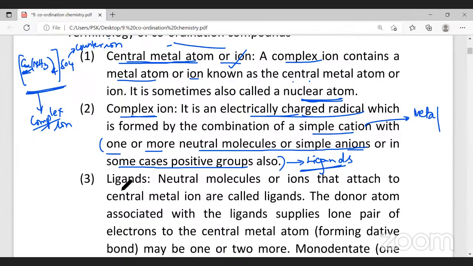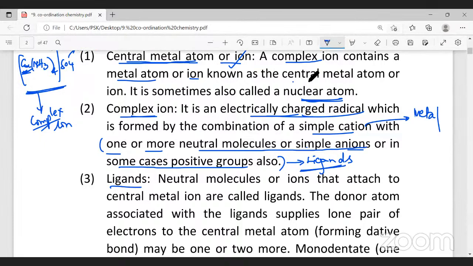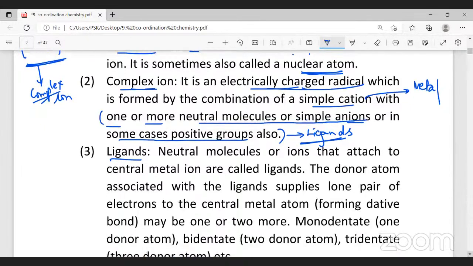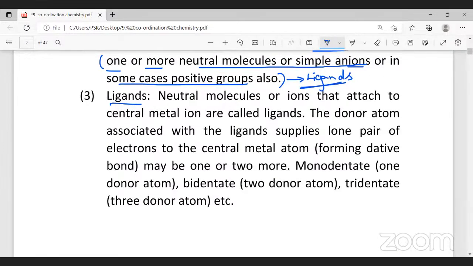Now, how do you define a ligand? Can anyone tell me from memory what a coordinate bond is? How is a coordinate bond formed? Define what a coordinate bond is.